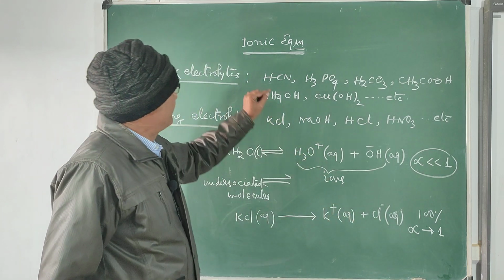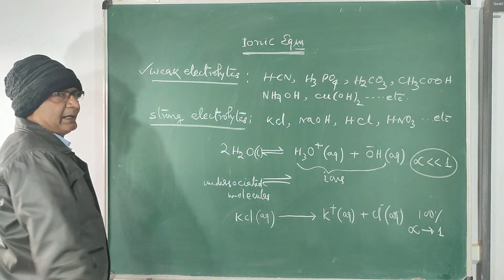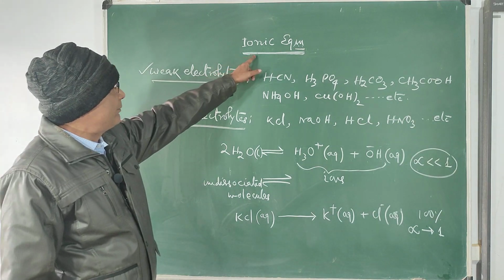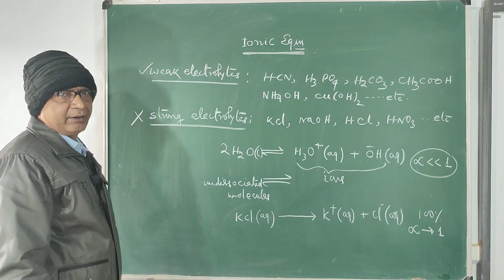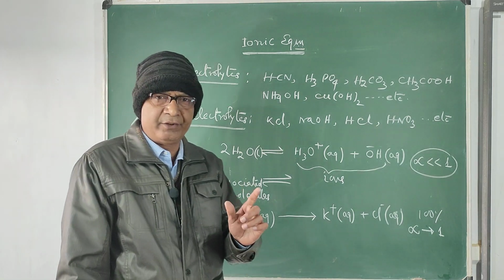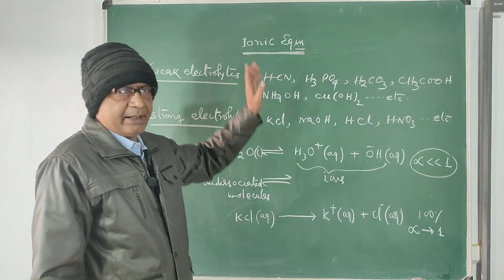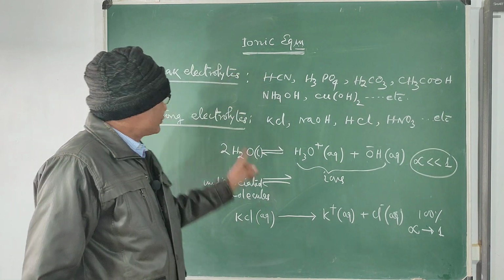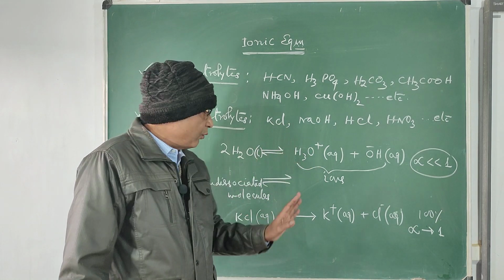So ionic equilibrium is attained only in case of weak electrolytes. Ionic equilibrium cannot be attained in case of strong electrolytes. Remember, this is the point. Now, why is it so?